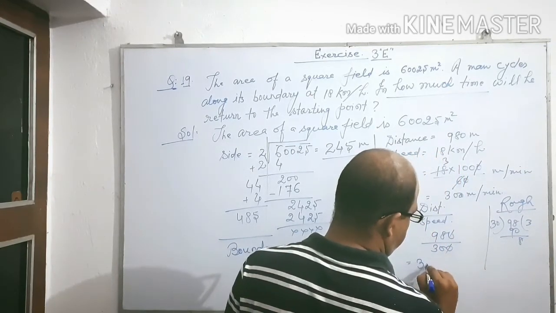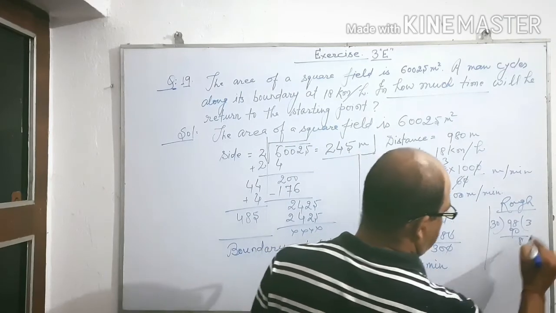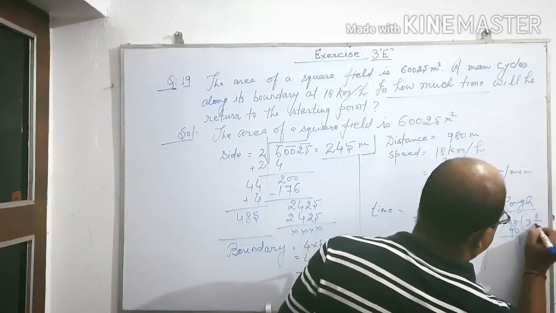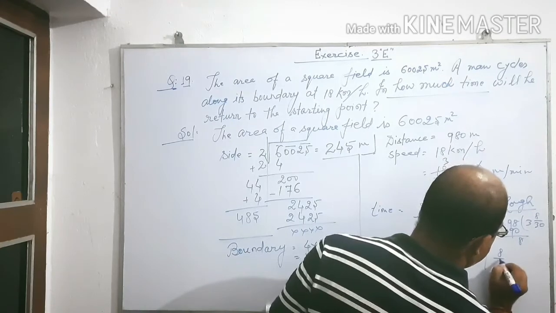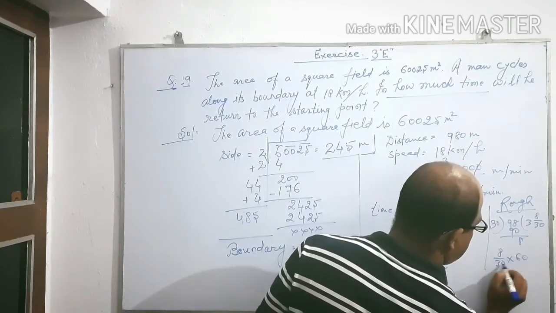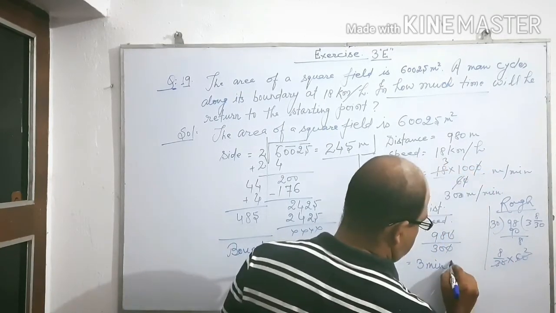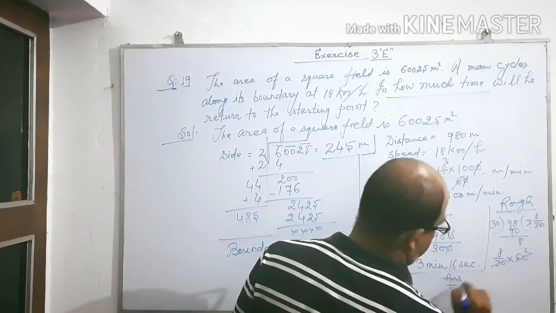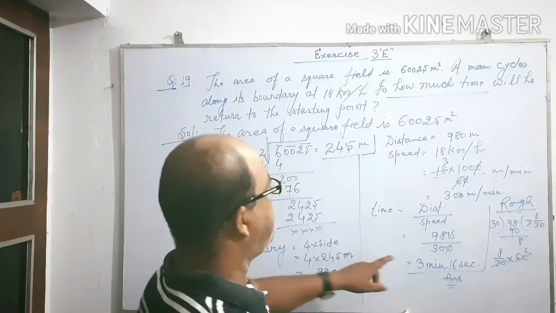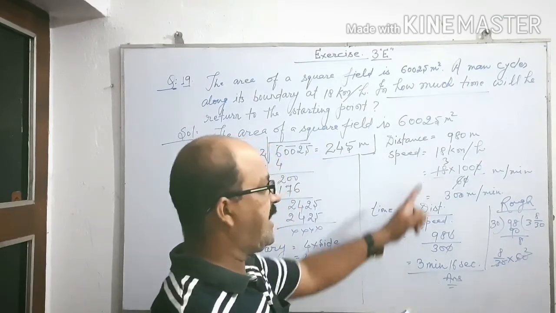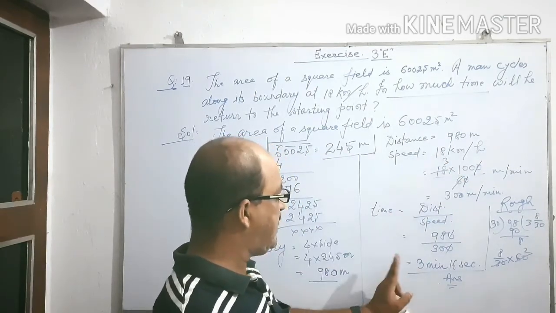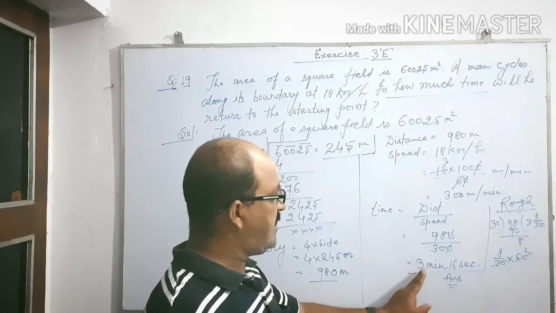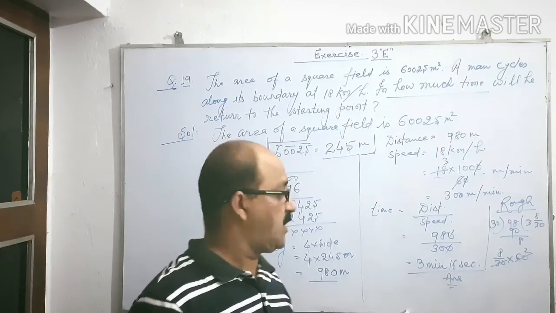So 3 minutes, 3 whole 8 by 30, and 8 by 30 into 60 gives 16 seconds. And that man covers the distance of 980 meter at the rate of 18 km per hour. He will take 3 minutes 16 seconds to cover this.